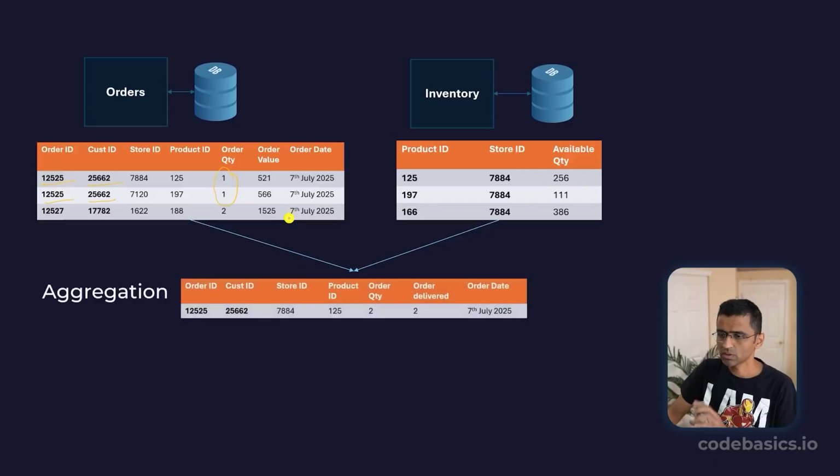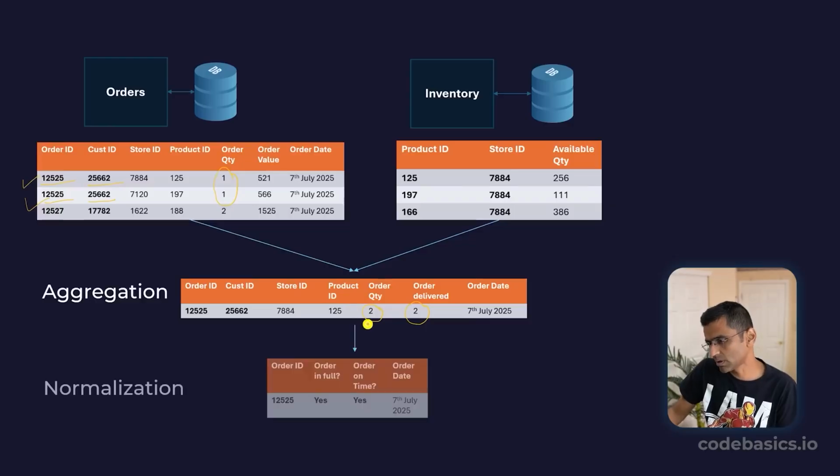So now you can perform aggregation and you can say that among these two orders, order quantity was 2 and delivered quantity was also 2. So when you are ordering two things and you get two things, it is called order delivered in full. Sometimes you order two things, but you get only one thing. So that's a partial delivery.